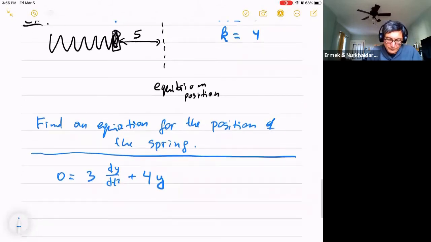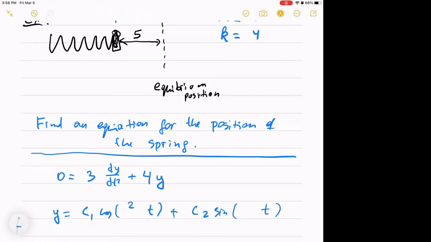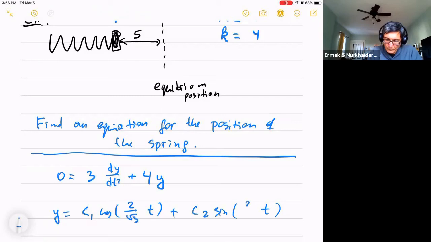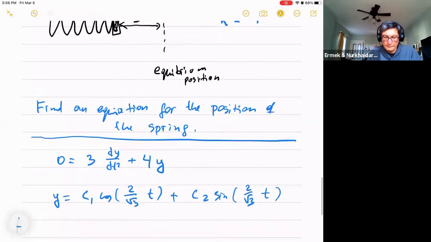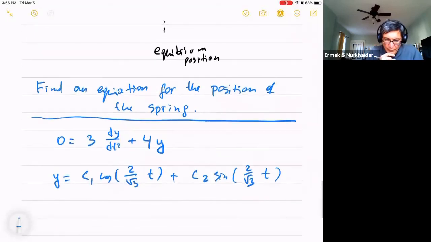We can easily solve it the regular way. 2 over root 3. Okay, 2 over root 3.